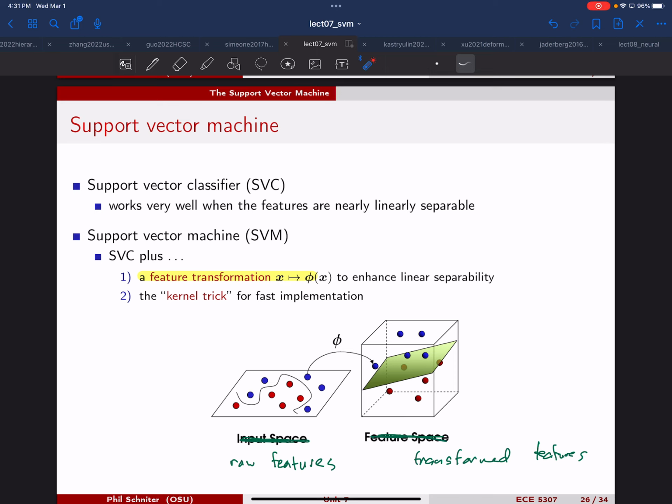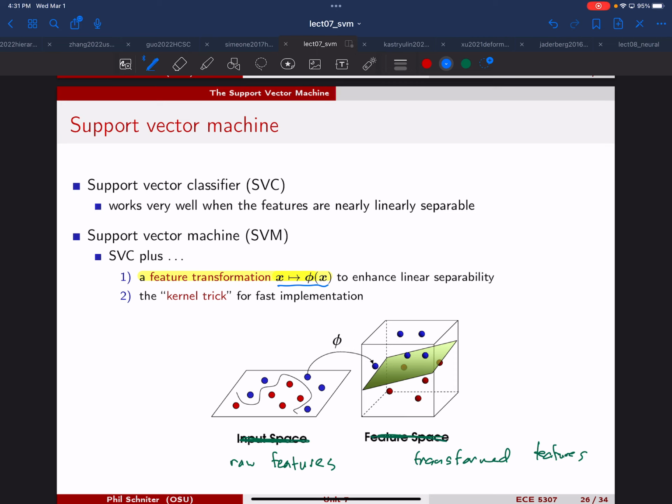So we want to figure out how we can do this, and we're going to use phi as the notation for the transformed features. So instead of using x, we're going to use phi of x. But the challenge with this is if I transform my features and I increase the size of my space a lot, then I have a lot more features to contend with.